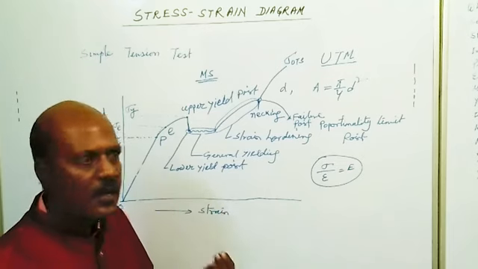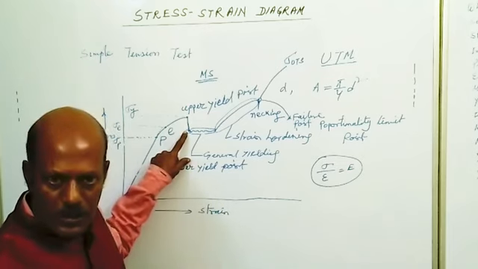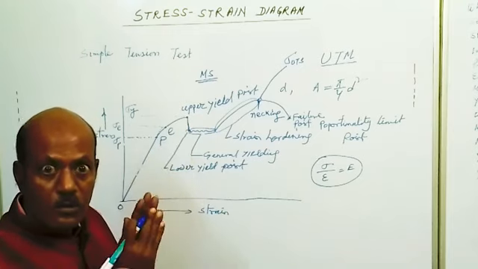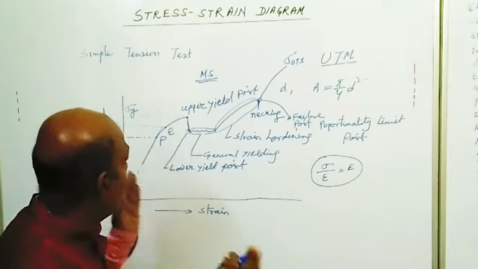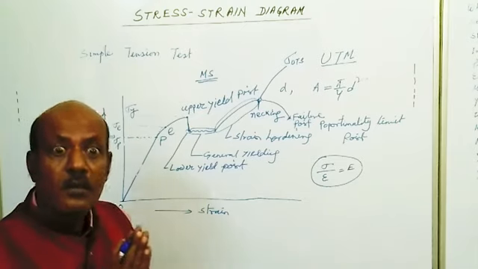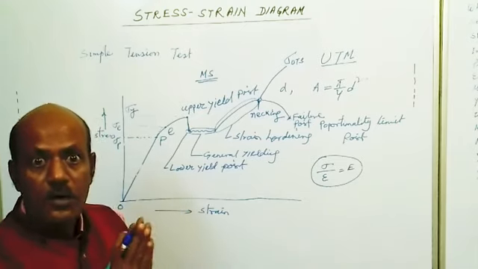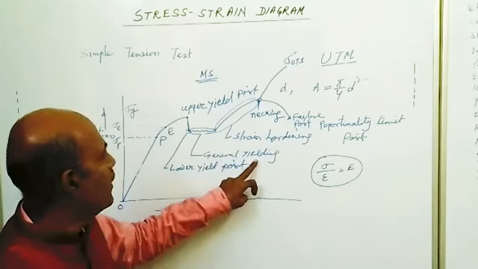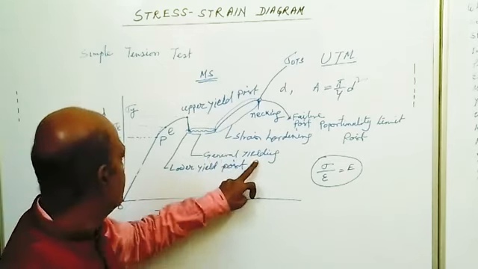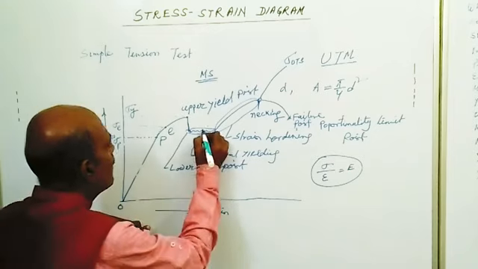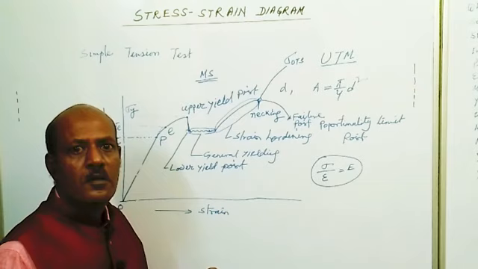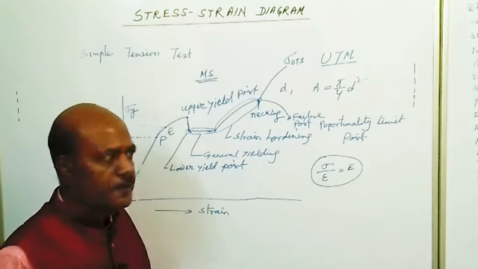Thereby, a lower load is required. So at lower load, the body will deform and the deformation will take place at every cross section of the body. That's why it is called general yielding. Yielding means deformation. This sawtooth type curve is because of the movement of the defects in the body.